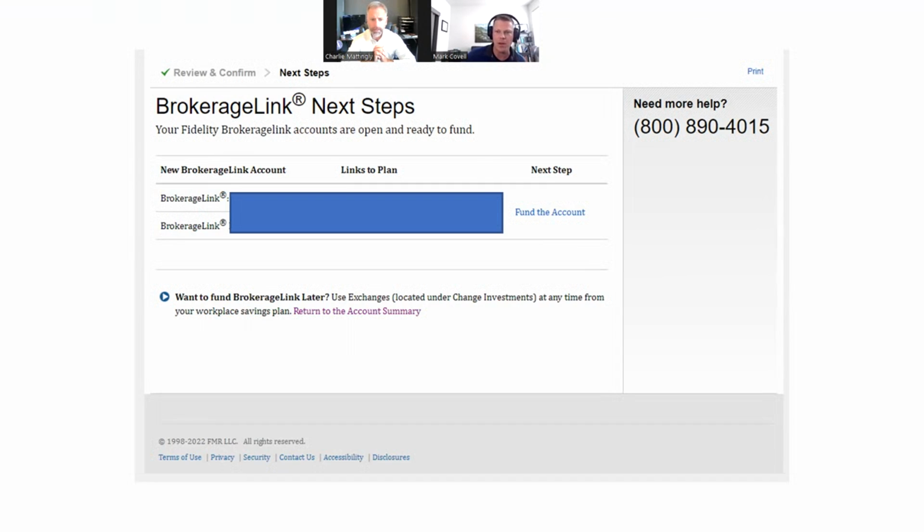Perfect. We need to keep at least 5% in that core, as you mentioned, and you could put up to 95% into the brokerage link. Depending on how people wanted to structure it, there's the one-time transfer of my existing account balance, and then how do I want to fund it in the future? We can step through that another time. That'd be a good phase two, if you will.